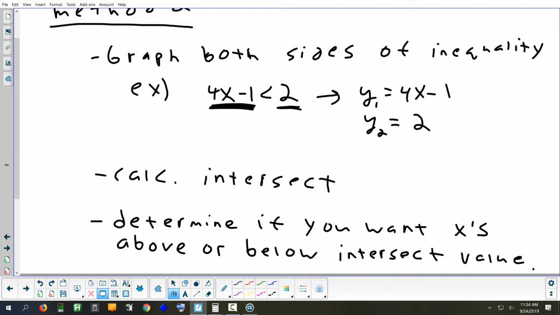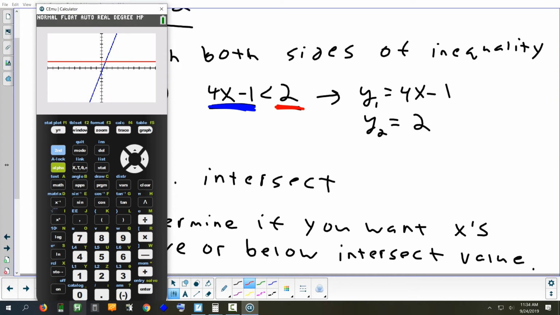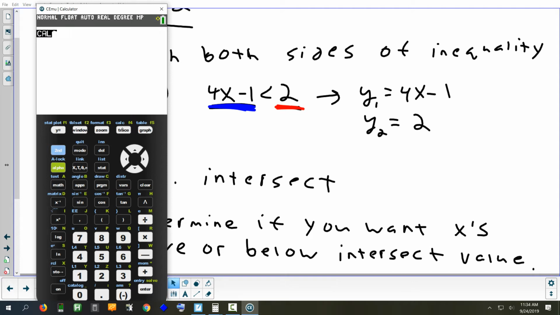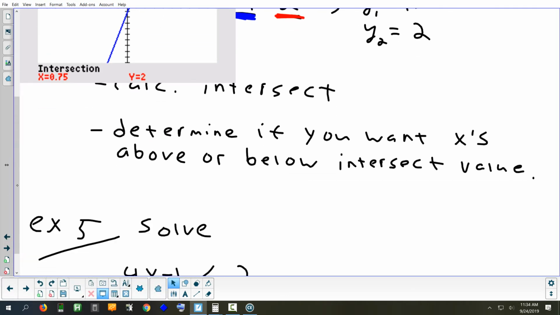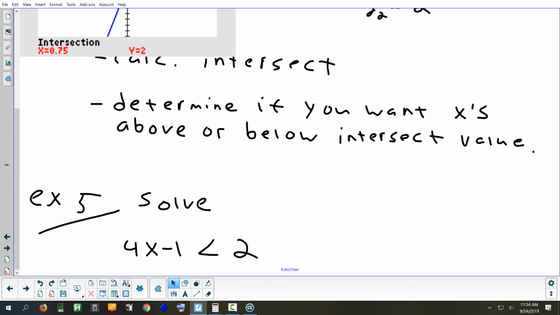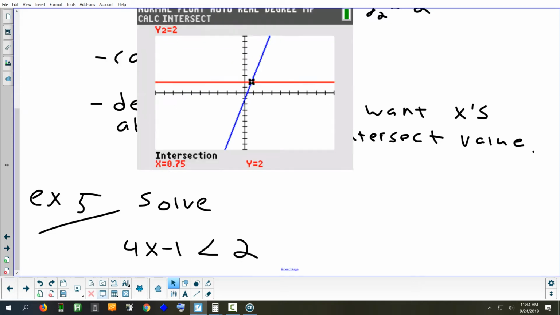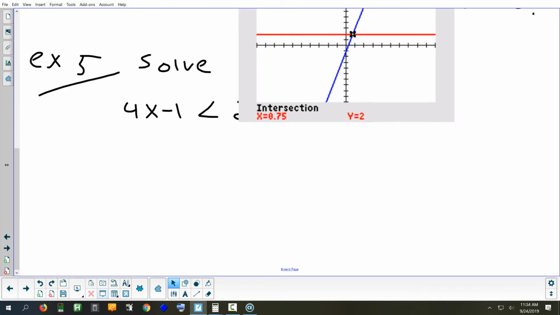This one I drew in blue. This one I drew in red. Okay, so how do I get the intersect? Second calc. All right, so second calc, intersect, blue, red, enter, and it says they intersect at 0.75. So this is actually example 5. We already did it. Right there.